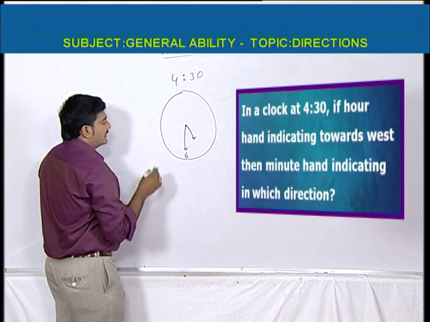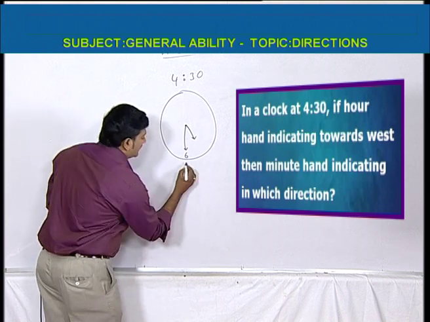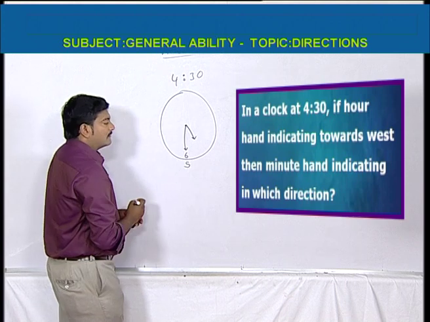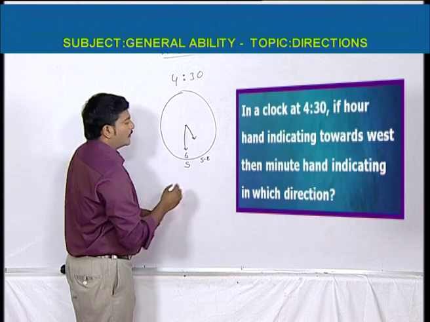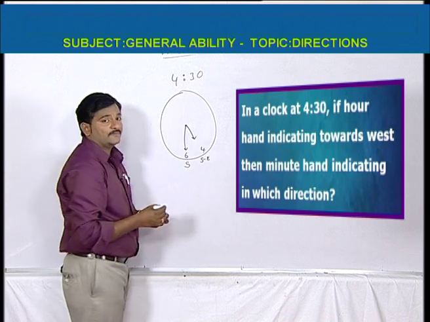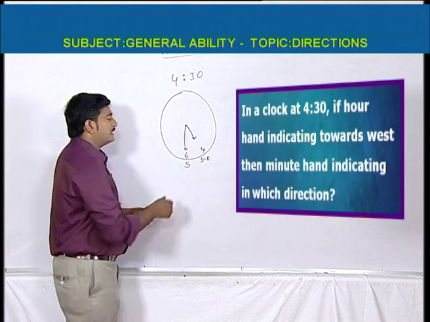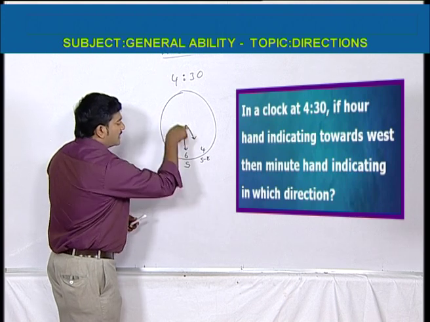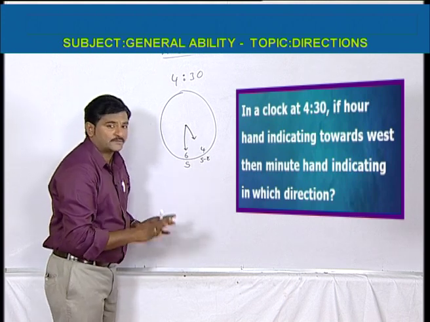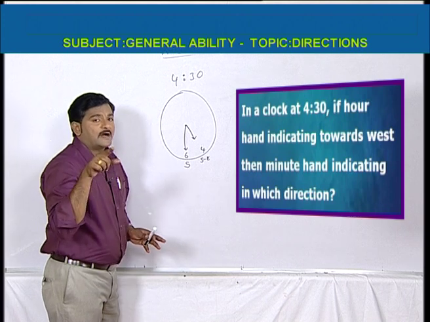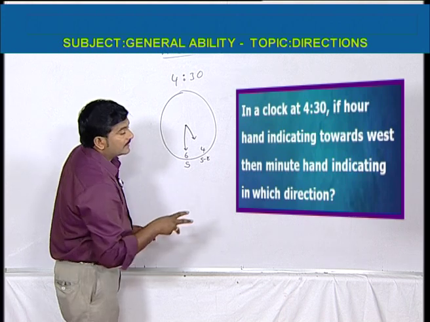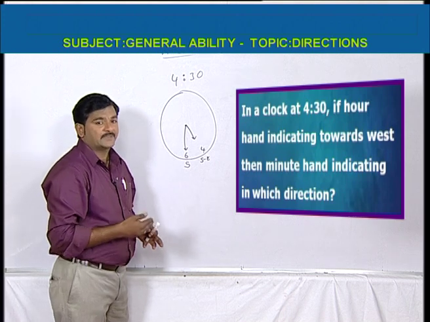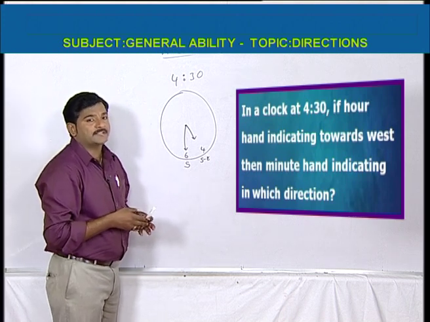So at exactly 4:30, the minute hand is towards south, whereas the hour hand is towards southeast direction. That is the actual position. But the question says the hour hand is indicating towards west. Then he asked to find which direction the minute hand is indicating.